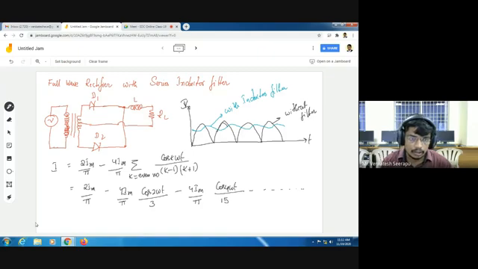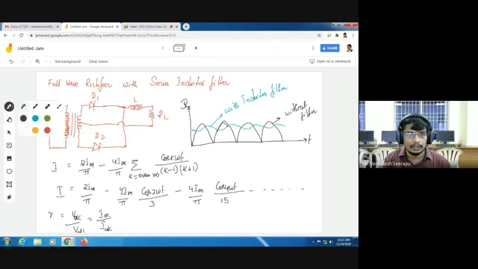Now I want to find the ripple factor. Ripple factor we can write as AC component by DC component, and it is also written as IAC by IDC, or VAC by VDC. In this output equation, what is the DC value? It is my output equation.